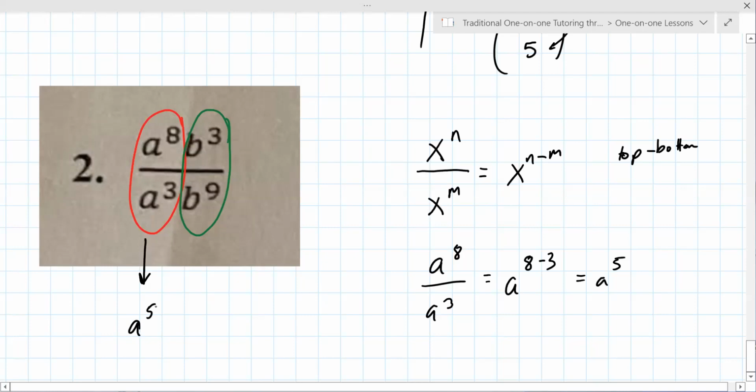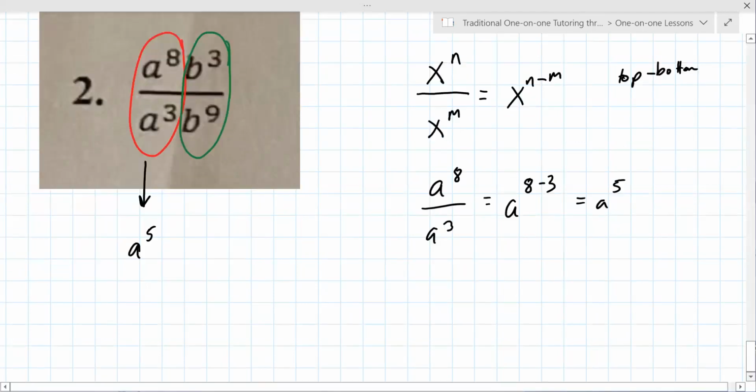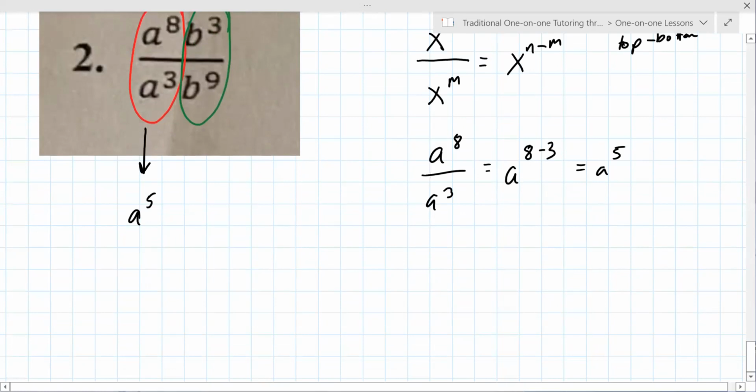Okay. Now for the b, this is a little bit different, a little bit harder, because it's not that the subtraction is hard. It's that 3 minus 9 is -6. Now what do I do with that? Well, when you apply this rule, notice this number is sort of free floating, but it's really in the numerator.